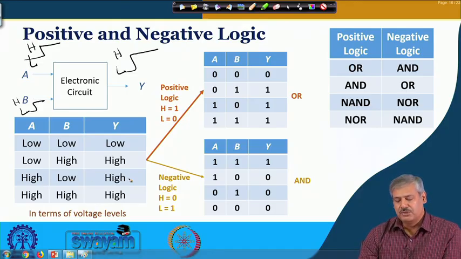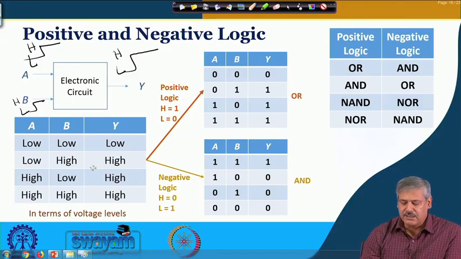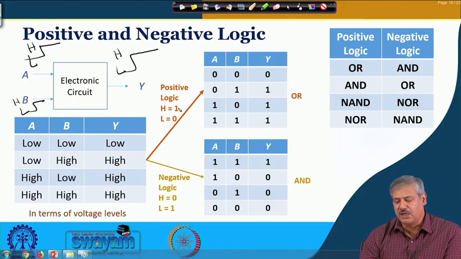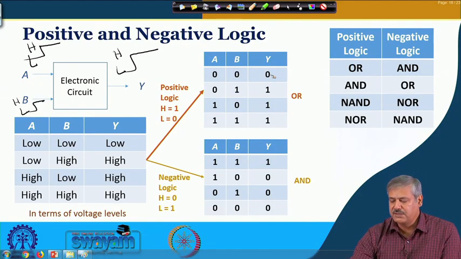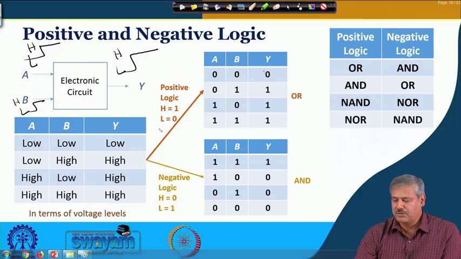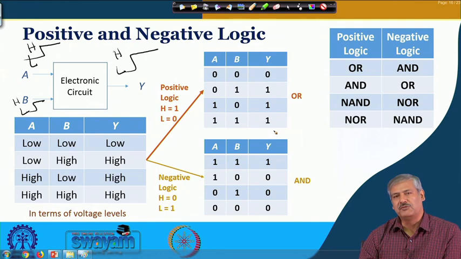Okay. So, if we consider high voltage as binary value 1, and low voltage as binary value 0, then this can be converted to a table like this: 0 0, low low, output is 0; low high, 0 1, output is 1, and so on and so forth. Okay.